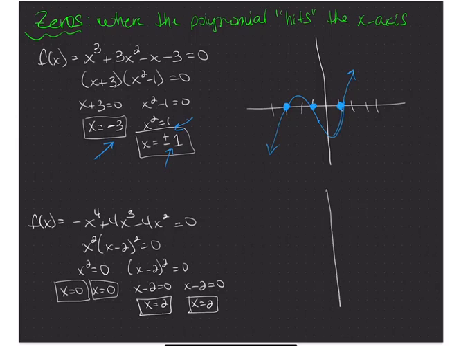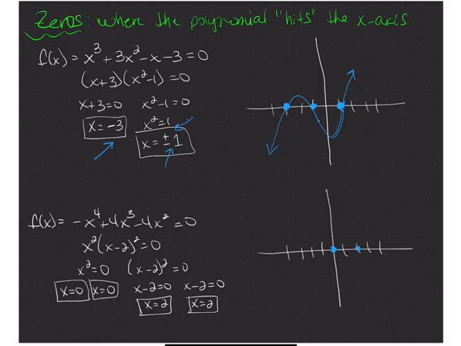So on my graph, it's telling me that I'm going to cross when x equals 0. Oh, but then x equals 0 again, x equals 2, and x equals 2 again.